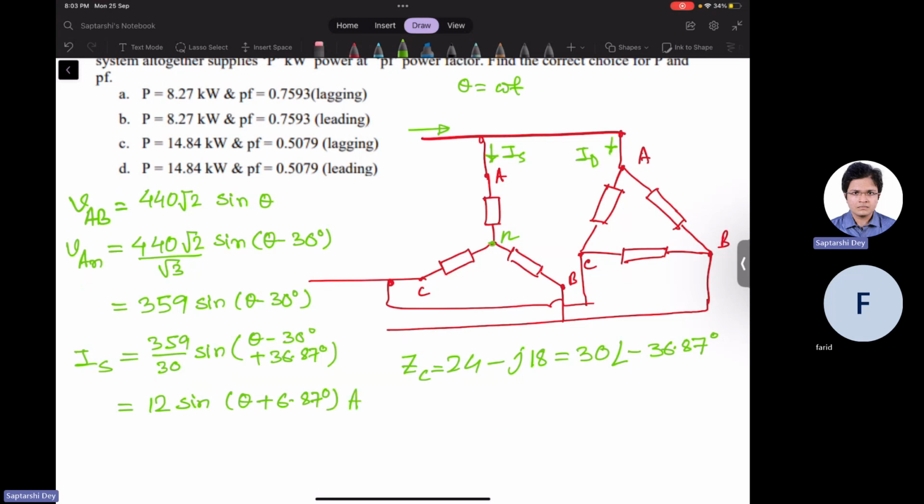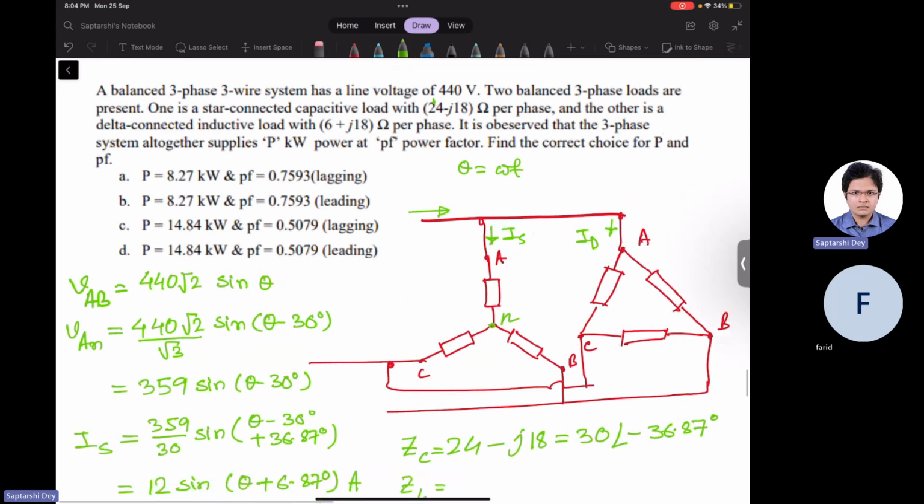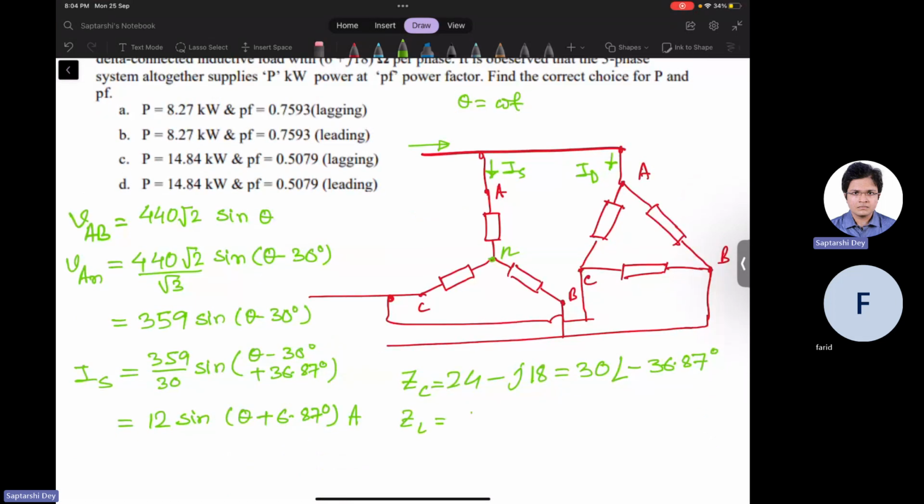We have got this. Now there is the other load, which is the inductive load. ZL is 6 plus J18, and now we are not doing this for the delta. So it is 18.97, approximately 19, angle tan inverse 3, 71.57.